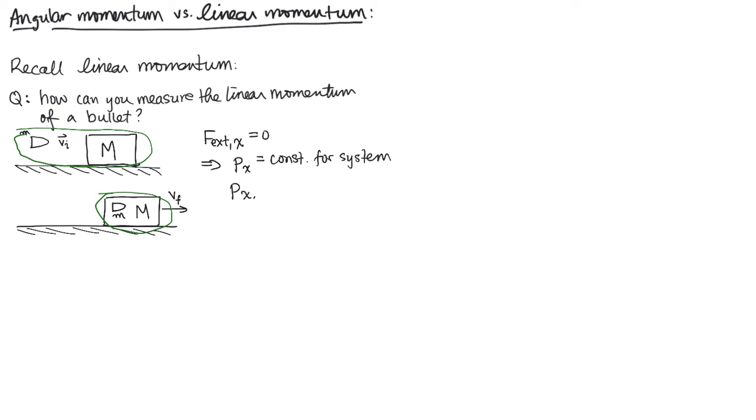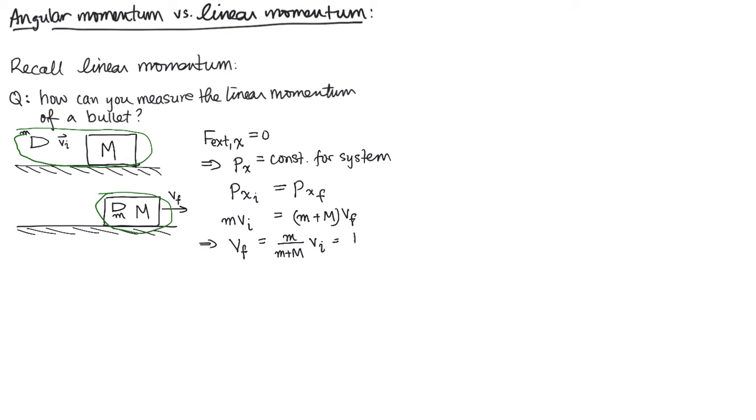So that px initial equals px final, and the initial momentum is little m moving at velocity vi with the big M at rest. And at the end of the day, you have all of the mass, little plus big M, moving at some final velocity. So in that case, you could find the final velocity as the ratio of these masses times the initial velocity.